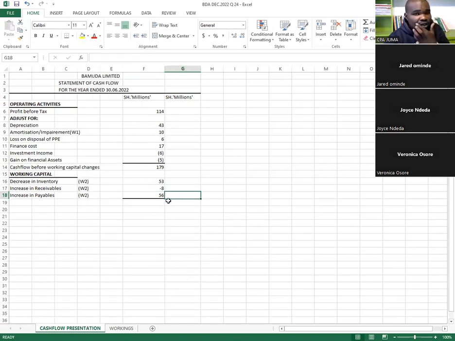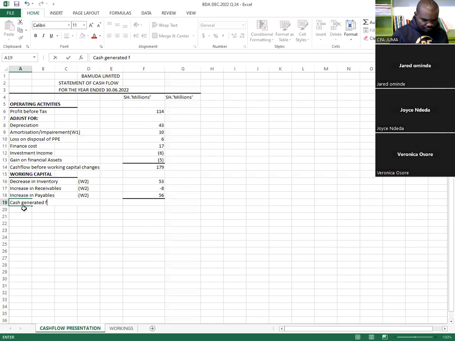Then I will say here, cash generated from operations. So cash generated from operations will be the sum of from 176 all the way to here. Then you close, you enter that. So that is positive 280.